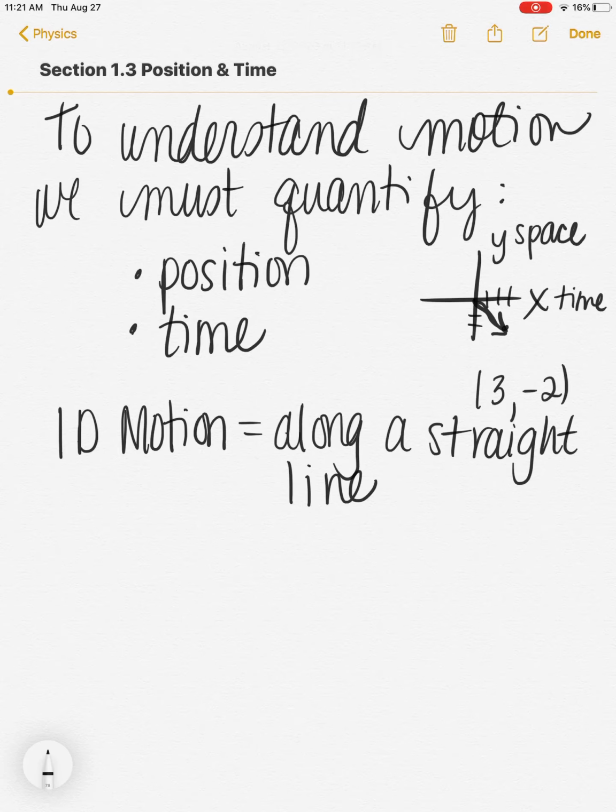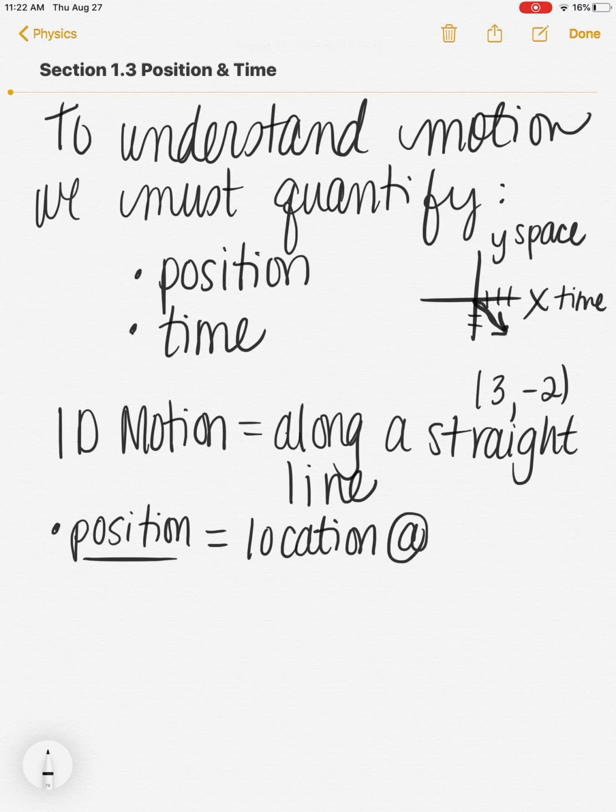It's real, actual motion, but in real life, most of the time we're dealing with two-dimensional, three-dimensional motion where objects are flying through the air, or a golf ball being hit through the air and spiraling, and it gets more complicated, but we've got to start somewhere. So we are going to start by defining position today. Position in our case describes the location of an object at a particular time.